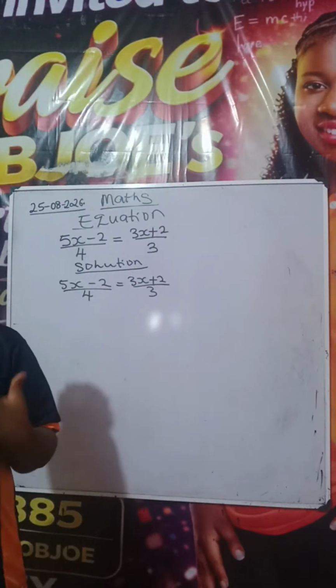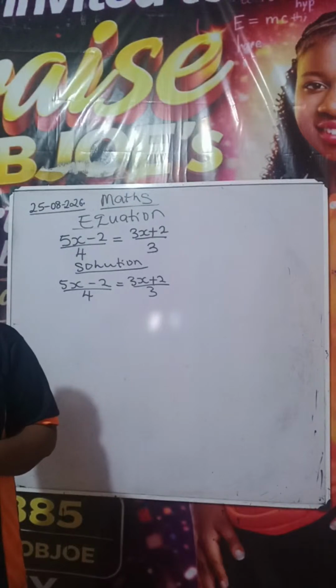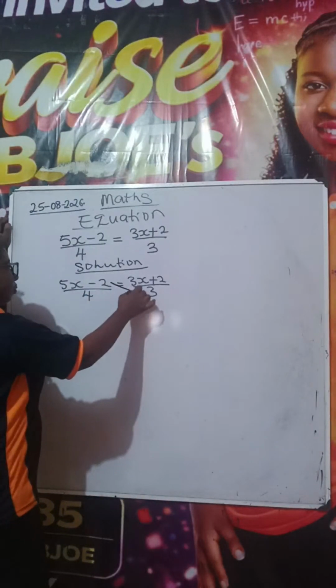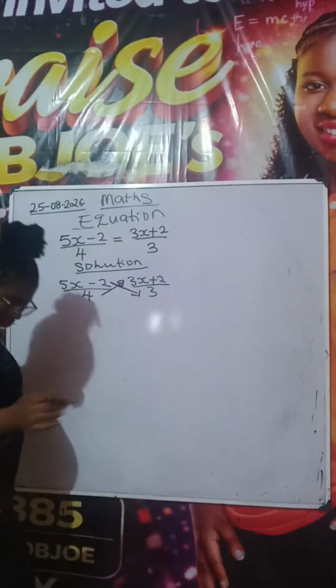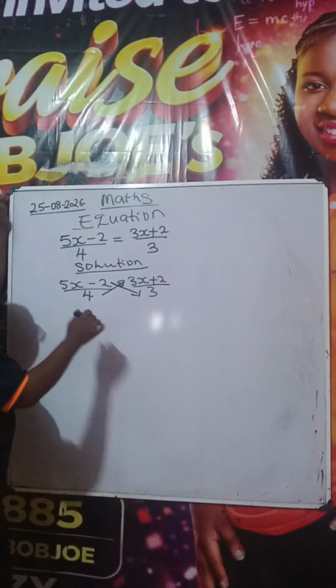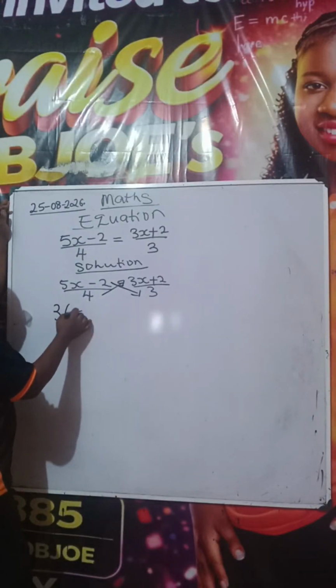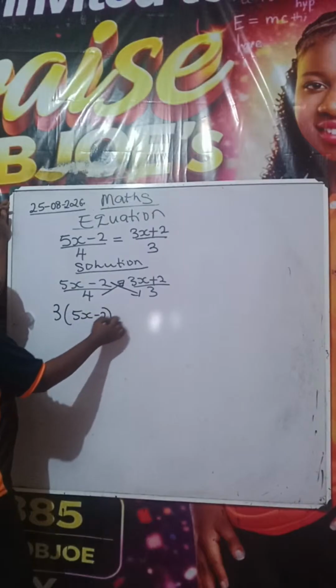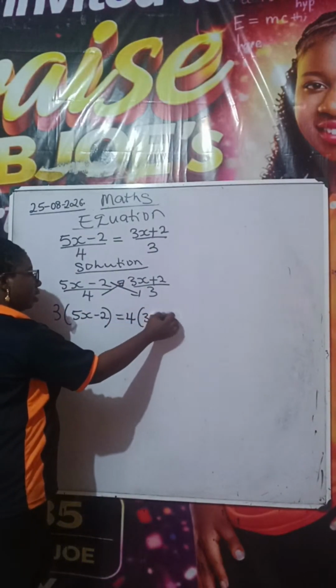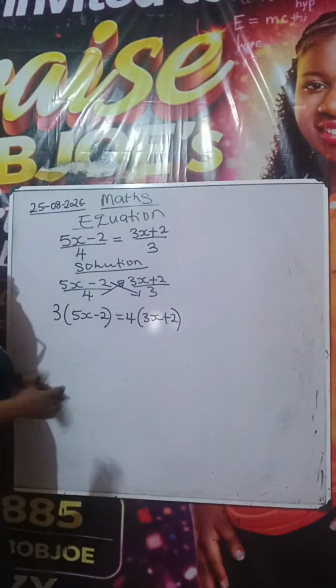We are going to cross multiply like you guys said. To remove the fraction, that will be 3 multiplying 5x minus 2 equals to 4 multiplying 3x plus 2. We have removed the fraction.